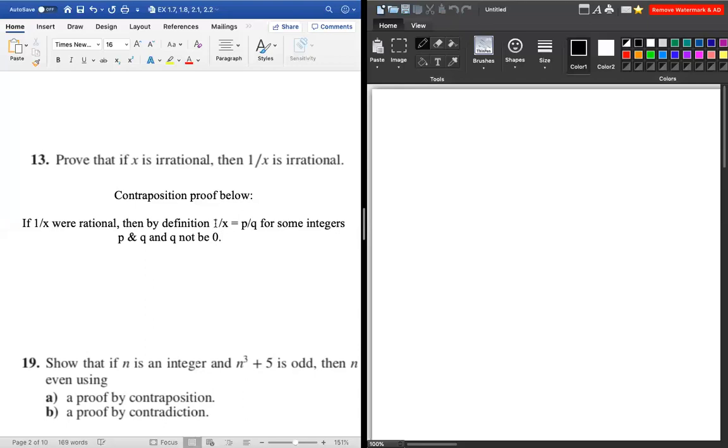Okay, because if q is 0, then it goes to infinity, and this is not a rational number then.